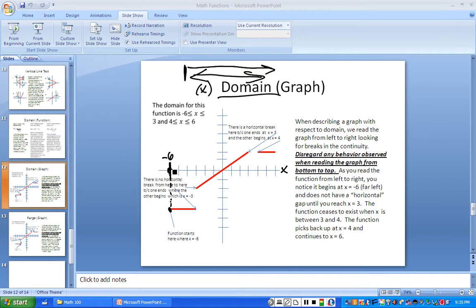And now from here, as I read to the right, I'm good, because look, here, here, here, here, here. As I go right, I see that I have a continuing line. So I'm good as I go to the right until I get right here. It breaks, but guess what?